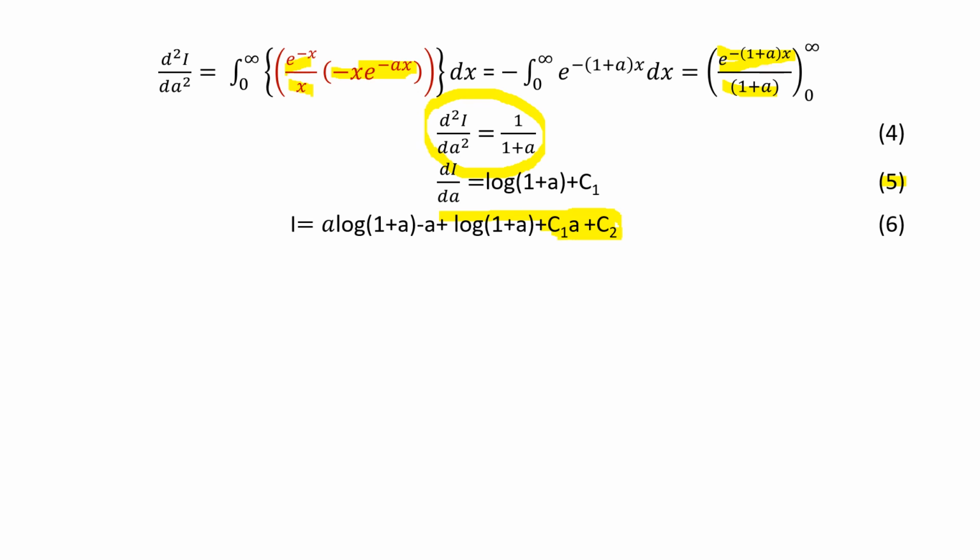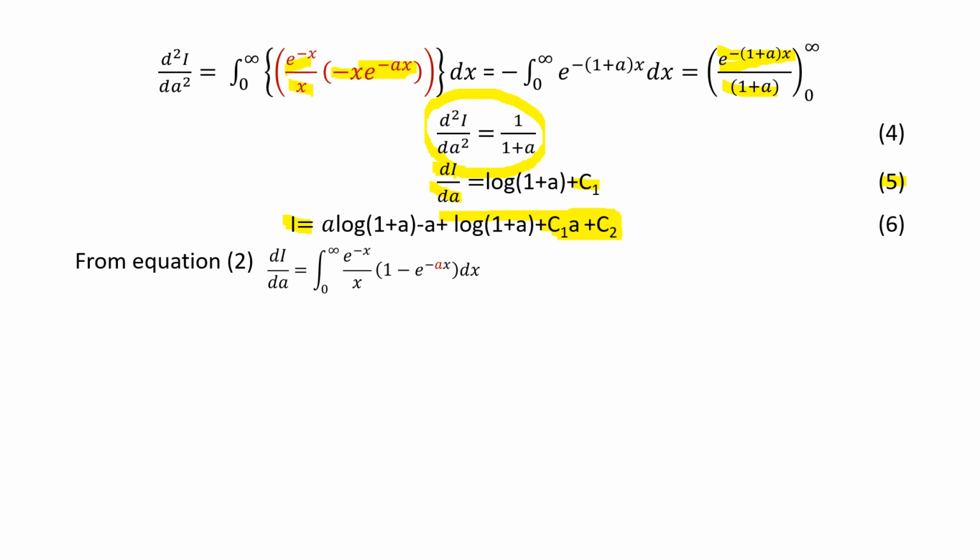For c1, the left hand side has dI by dA, so to find c1 we will frame the condition through dI by dA, and for c2 the left hand side has I, so we will frame the condition with I. First we will frame the condition from equation number 2.